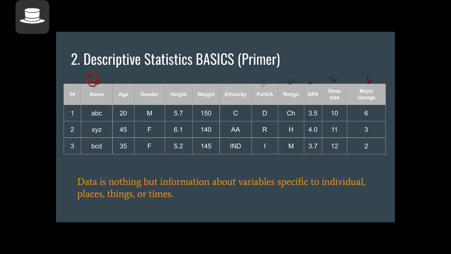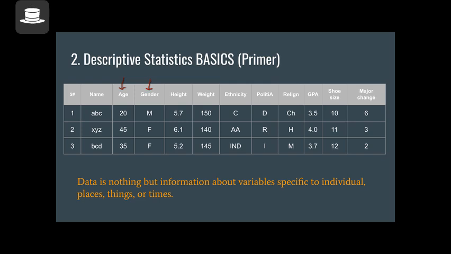So each column in the data set is a variable, like name. That's not constant. It is different from person to person. Who knows? It may be different from time to time for the same person. Age is different, right? It's not the same or constant for everyone. So age is another variable. Gender is not constant. It varies from person to person. That's a variable. Height is not constant, so that's a variable.